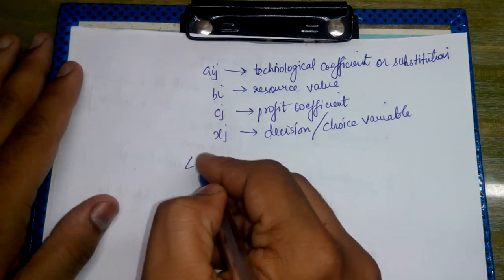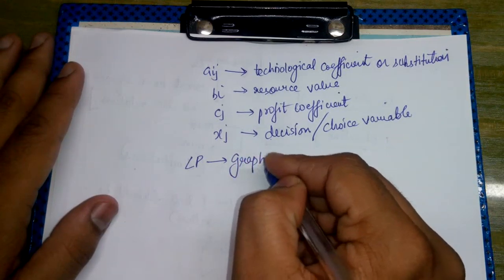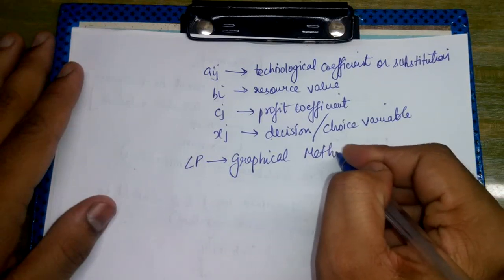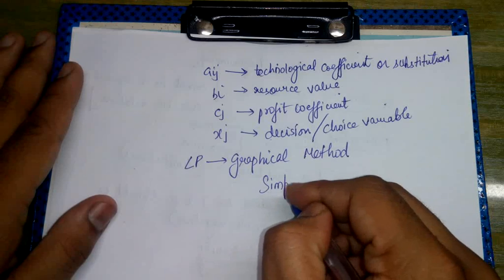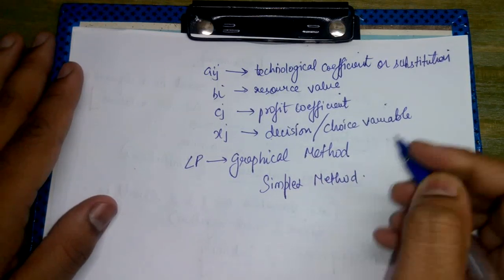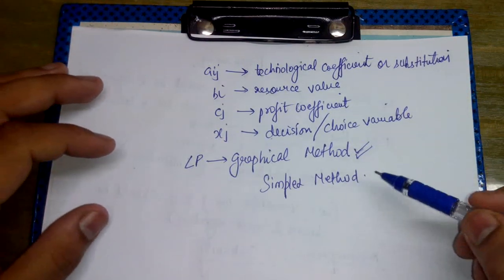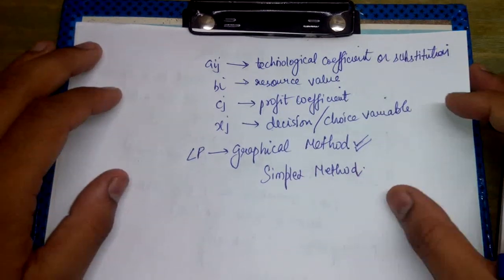Now we can solve linear programming either by the graphical method or by the simplex method. Out of the two, the graphical method is the easiest and it is mostly preferred. However, a very limited number of questions have been asked from the simplex method.